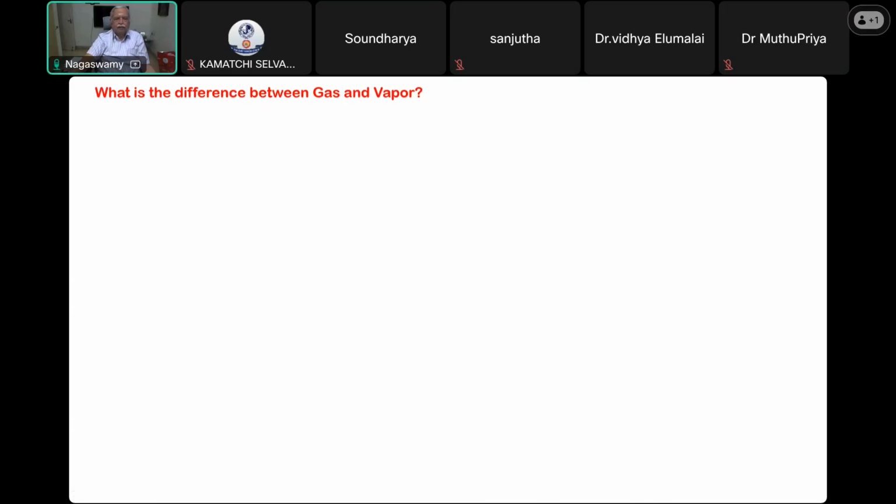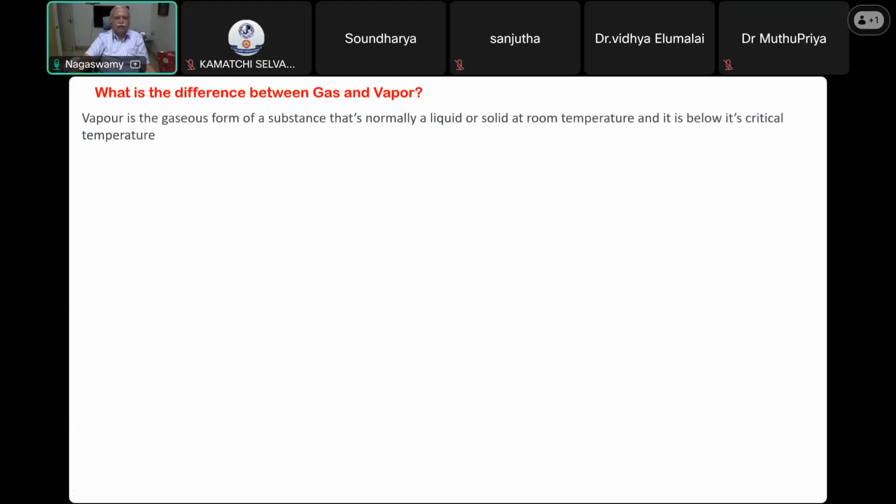A gas cannot be compressed at normal pressure and temperature into a liquid. Simple answer, okay? Vapor is the gaseous form of a substance that is normally a liquid at room temperature and is below its critical temperature. Gas is a substance that has no shape or volume, which occupies a space, is above its critical temperature and cannot be compressed into a liquid.